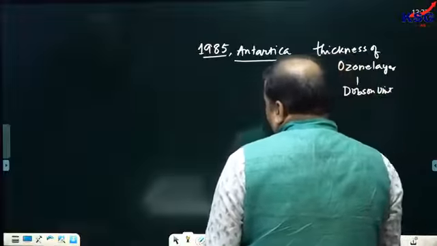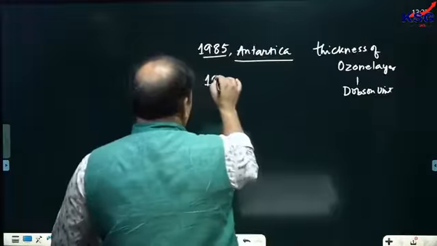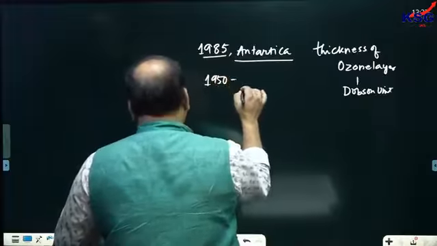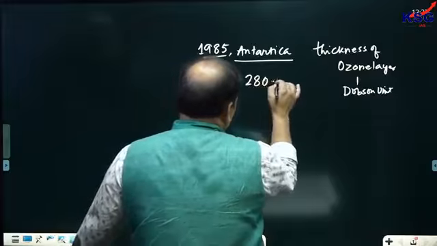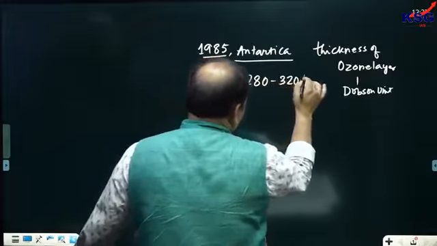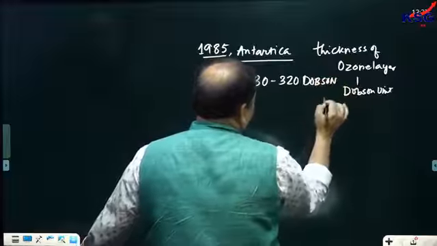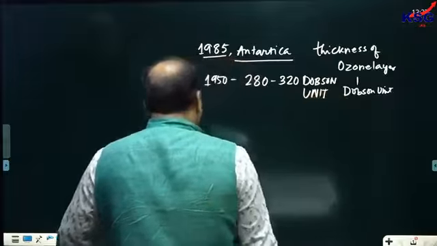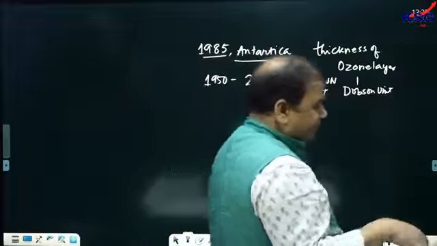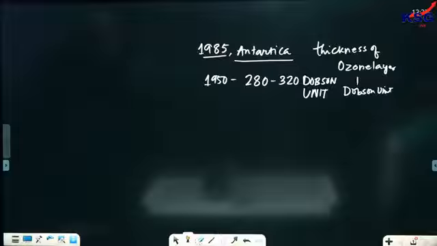The thickness of ozone layer over Antarctica in the 1950s was from 280 to 320 Dobson unit.